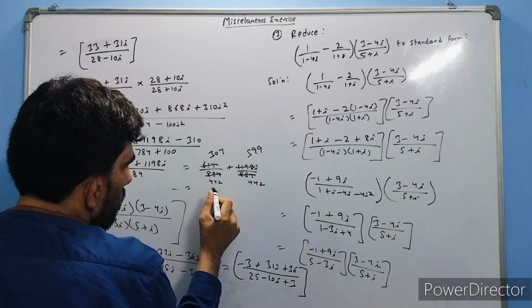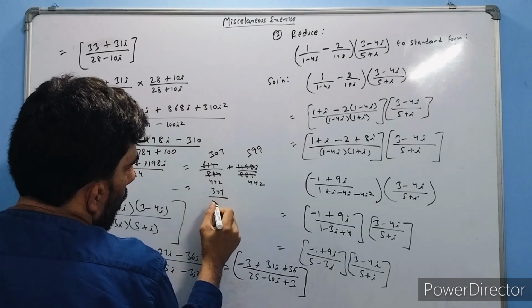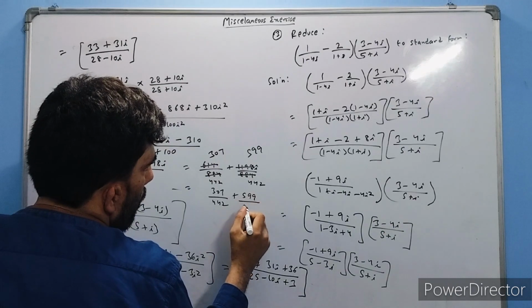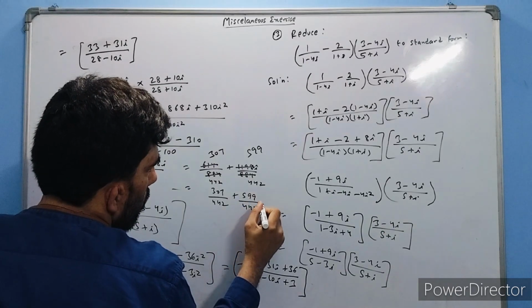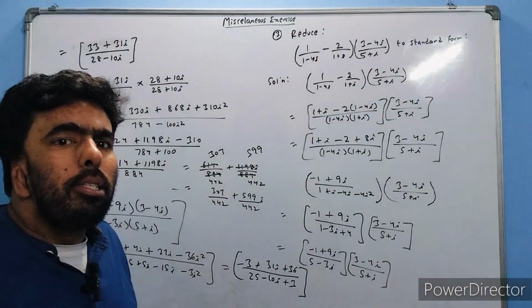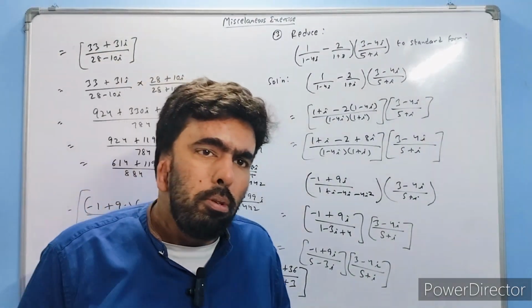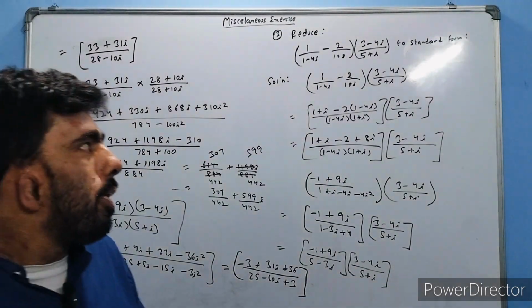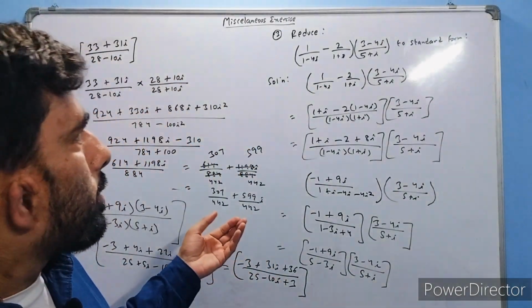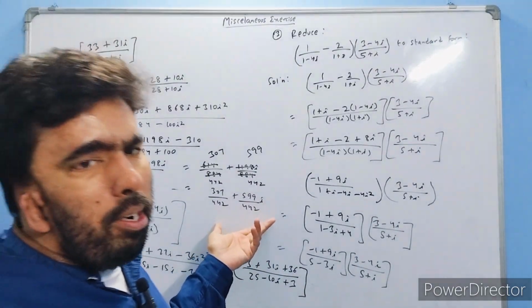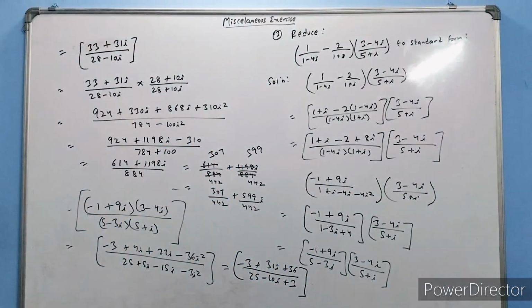So I got this 307 upon 442 plus 599 upon 442 i. Okay, so that is my answer. So like this we can easily reduce this in standard form, that is the normal complex number form.